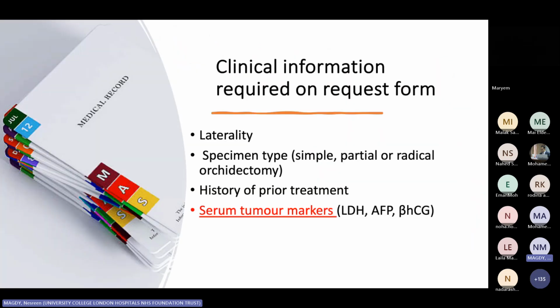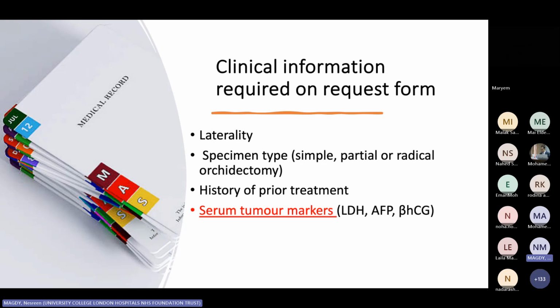So let's get started. To begin, when handling a testicular tumor specimen, it's necessary to make sure that the essential required clinical information is listed on the request form or even accessible on the electronic file of the patient. This includes, as with any other organ, the laterality, the specimen type, and any history of prior treatment.